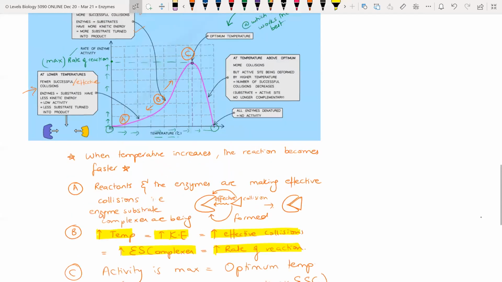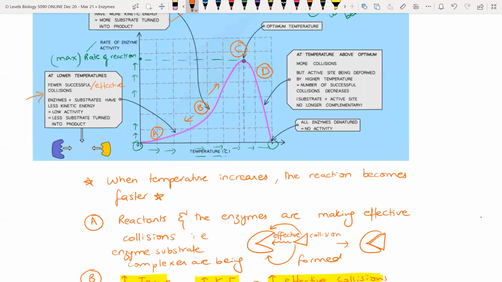Okay, then if you look at the picture again, at point D, the graph has started to come down. So what is happening at point D?